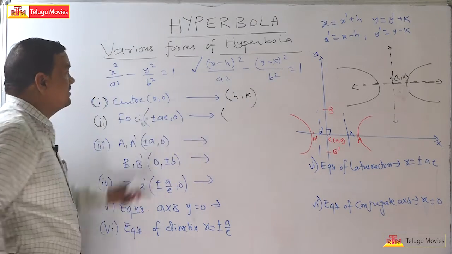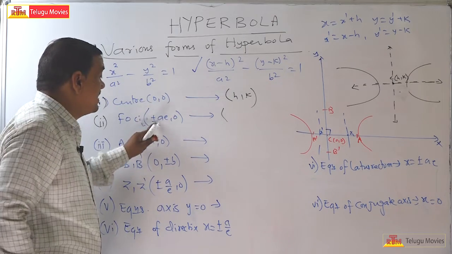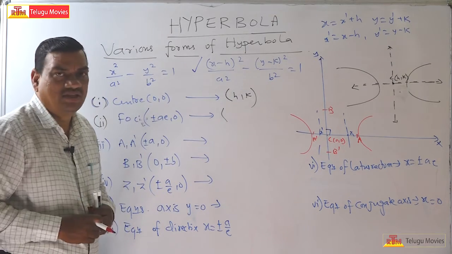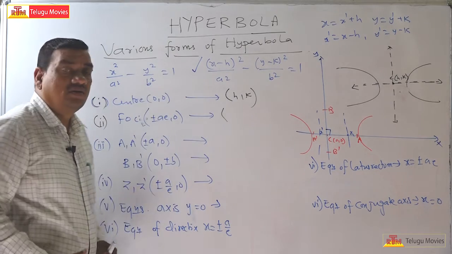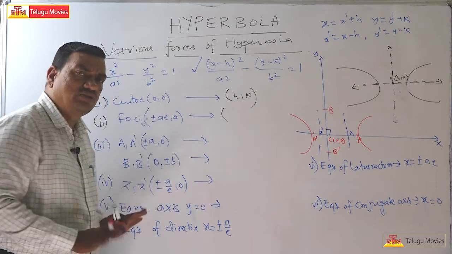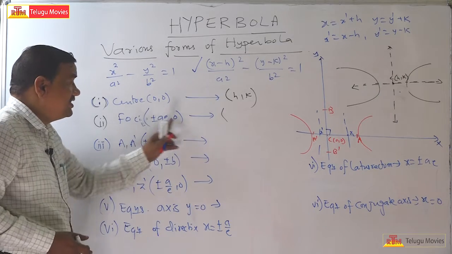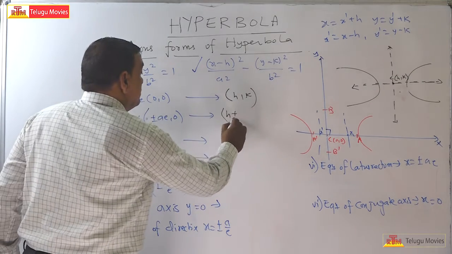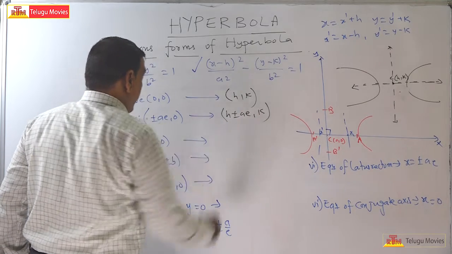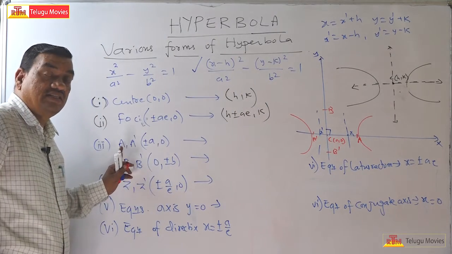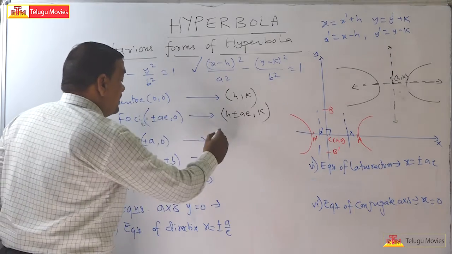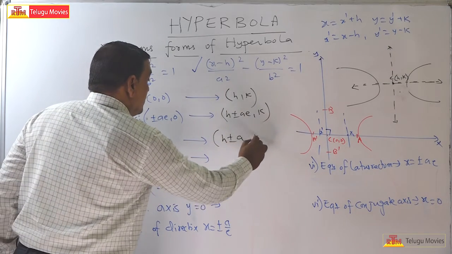The foci for this hyperbola are plus or minus ae comma 0, just like the ellipse. All these are just like the ellipse, the same thing will be here. So for the foci, add h and k, that is h plus or minus ae comma k. The vertices A dash are h plus or minus a comma k.